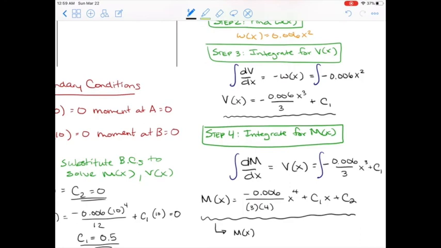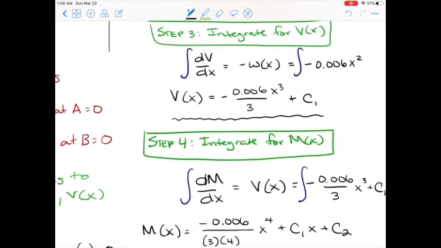M of x in the end, doing some math, is going to be minus 0.0005 x to the 4th plus 0.5 times x. And I'll squeeze it in here for shear. Shear V of x is going to be minus 0.002 x cubed plus 0.5.